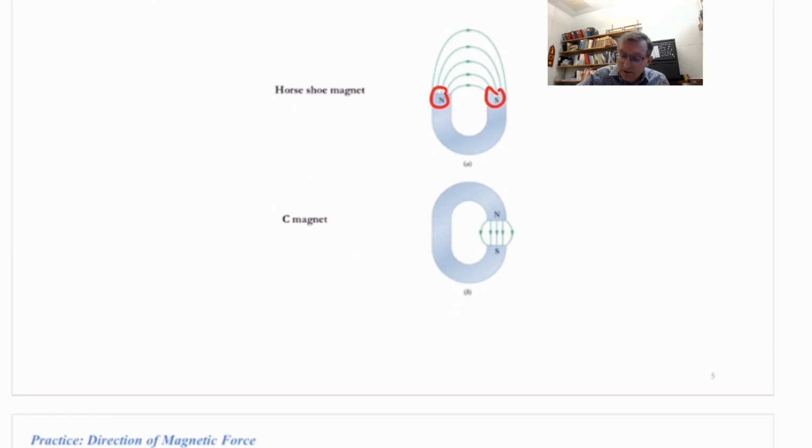And you can see that the field is pretty strong in the space between the poles. And then the C magnet, well, it's shaped like a C. It's got a north pole and a south pole. And you get a pretty strong uniform field right in that space between the poles. So the other shapes are also common.